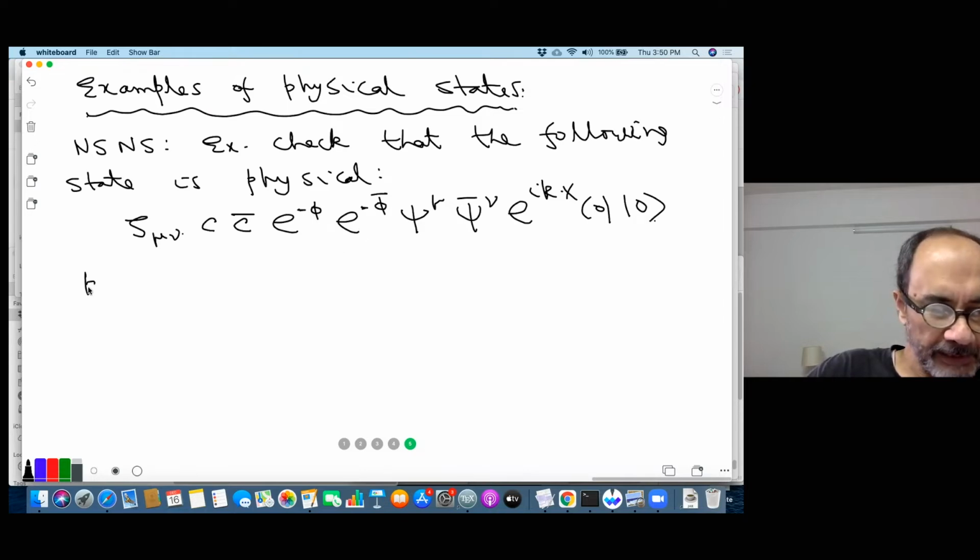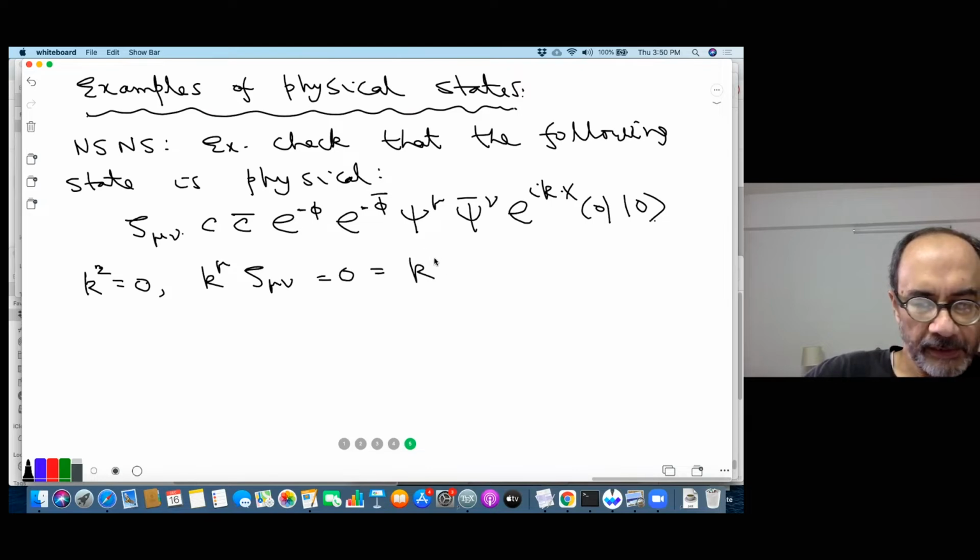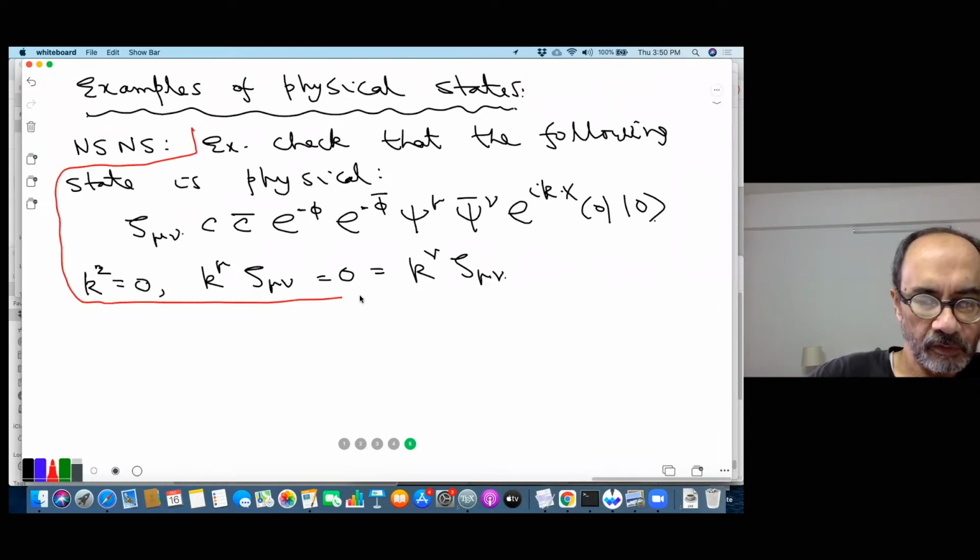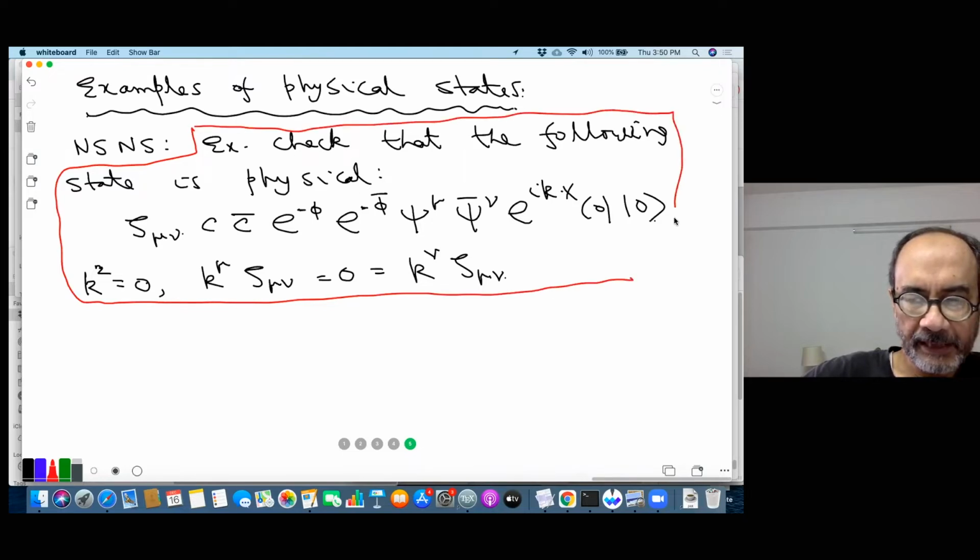And the constraints are that k square should be 0, and that k^mu zeta_mu nu equal to 0, equal to k^nu zeta_mu nu. So this is an exercise that you can try to do. I have given the expression for QB, so you have to check that QB actually annihilates this state.